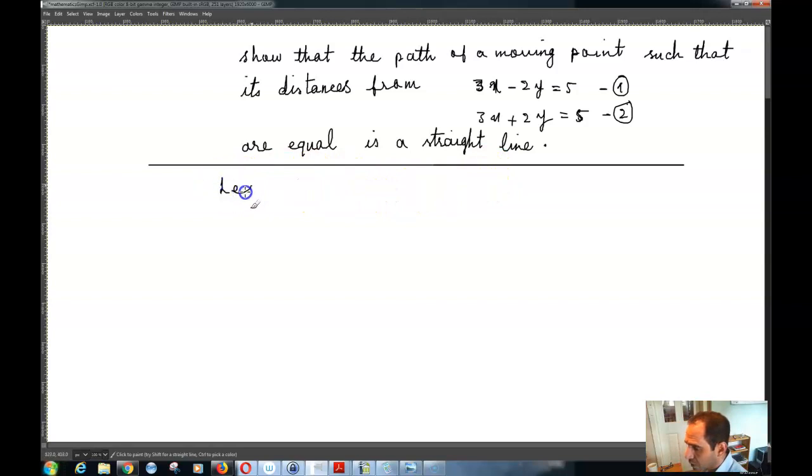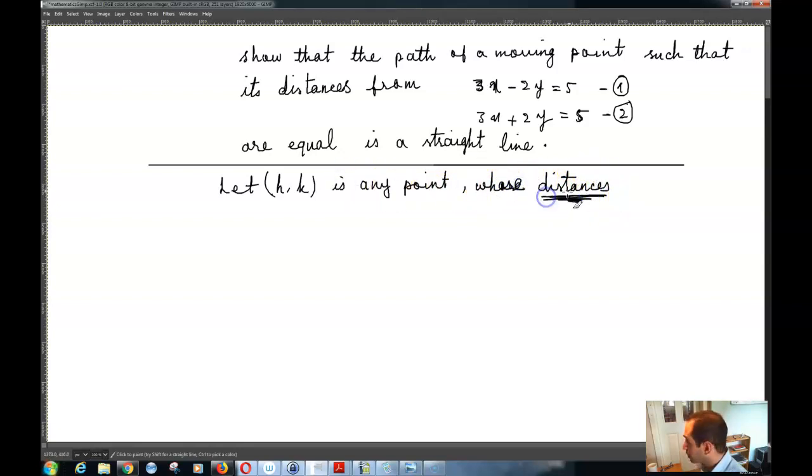So you can say that let h comma k be any point whose distances from the lines 1 and 2 are equal. Actually, distance here means perpendicular distance.